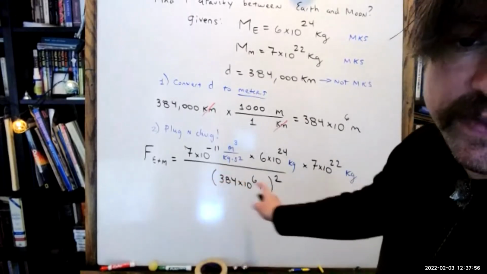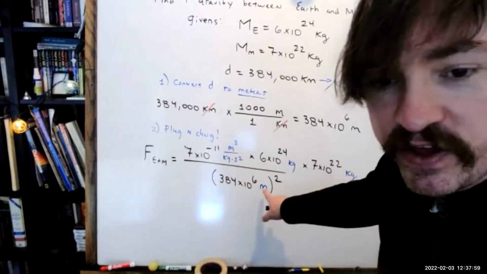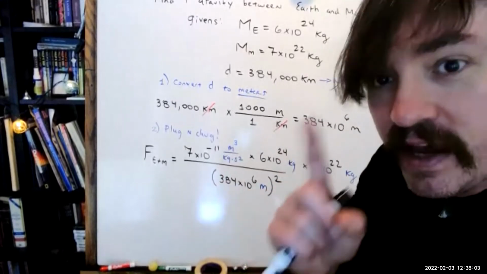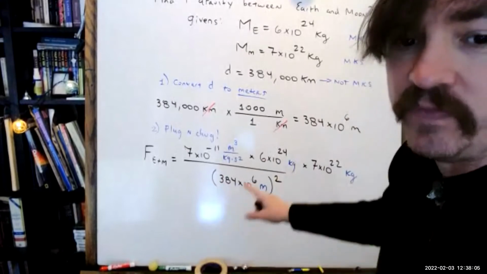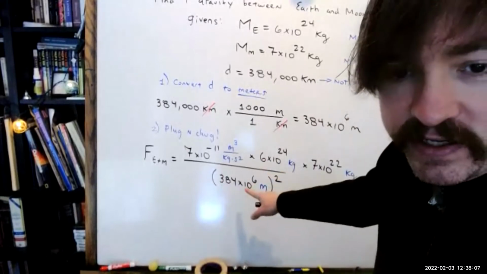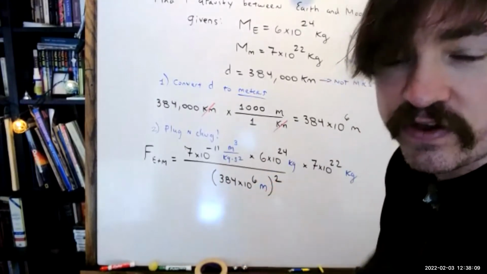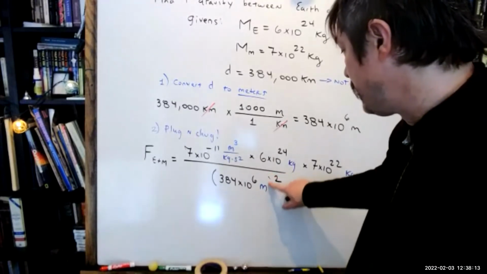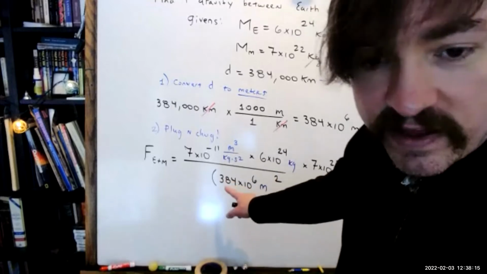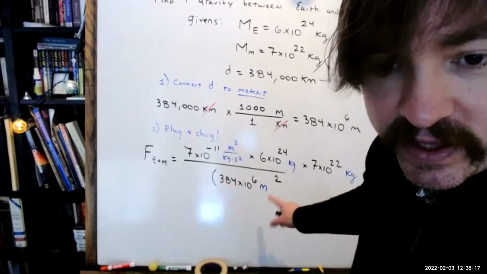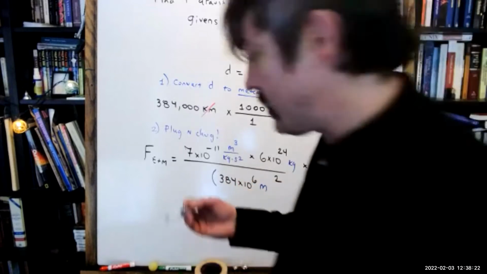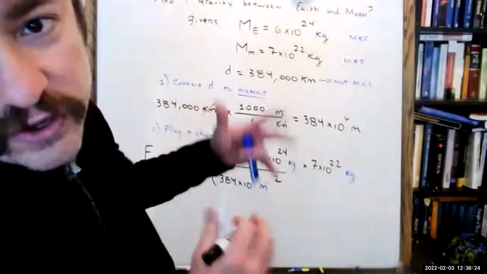The reason I'm putting in those parentheses is because the units are also squared as well as the number. And that is not a small thing either. That square gets distributed to the number and the square gets distributed to the units. If you did not put the parentheses in, a reader could read this as 384 million square meters, not understanding that the square distributes to the number as well. It's all about just unit bookkeeping.